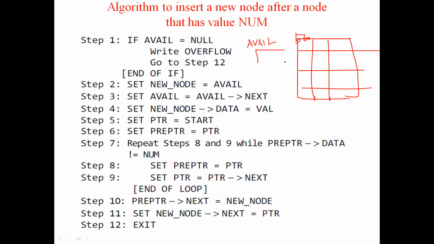So avail will be 500. It means that there is some space for allocating or creating a new node. If availability is null, what happens? It means that there is no space. That's all. It depends upon the author, how they write the code. Okay, that's what I told about the avail variable.